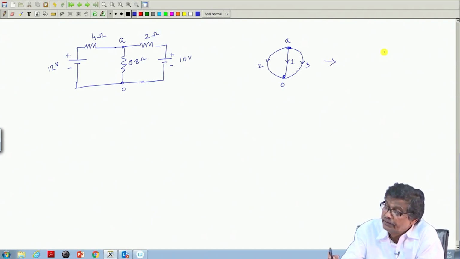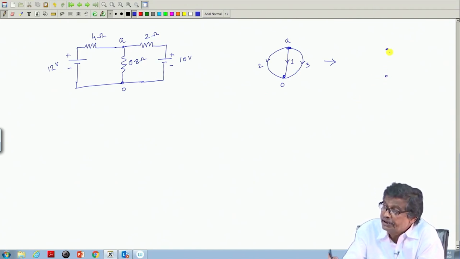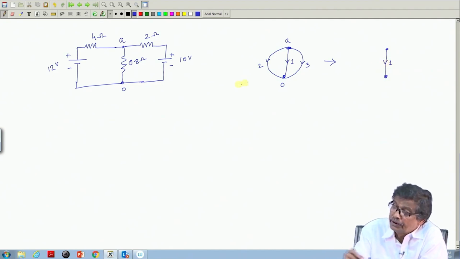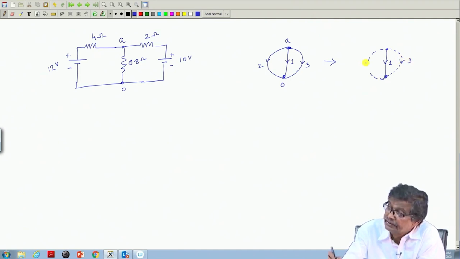One tree, let me draw. These are the two nodes. All the nodes should be connected, but there should not be any loop. So, this is one tree. And what will be the links? This is one link, this is link number 3 and this is link number 2. This is A, this is O. Got the point?